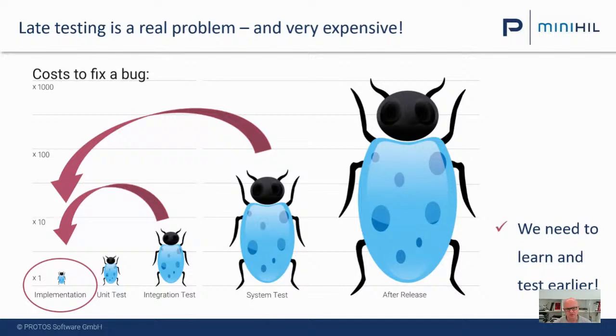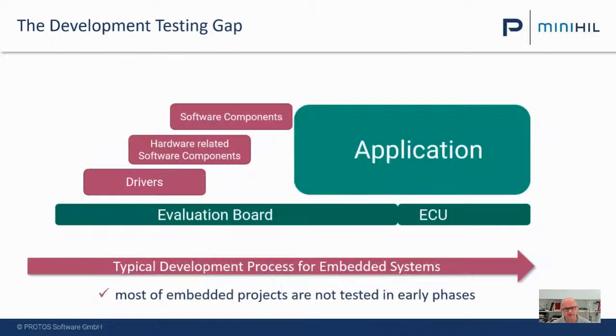But I want this completely automated and as fast as possible after every change. So we're talking about minutes, maybe half an hour reaction time, a turnaround cycle for a test of a system after every software change, for example. So we need to learn and test earlier. That's the biggest topic here.